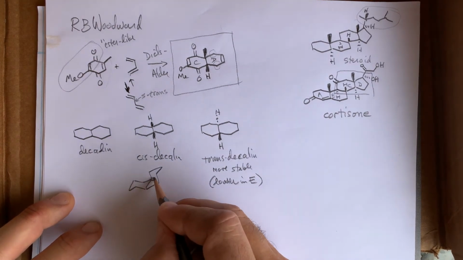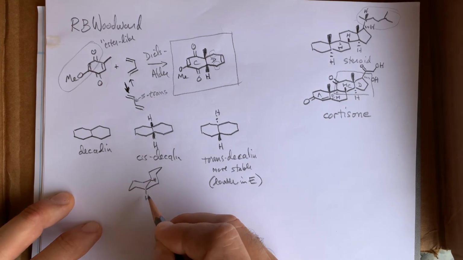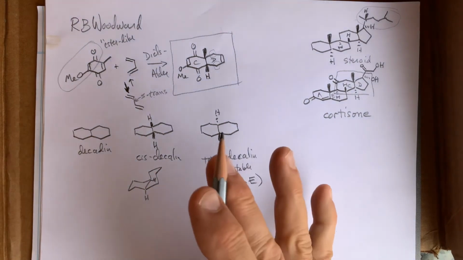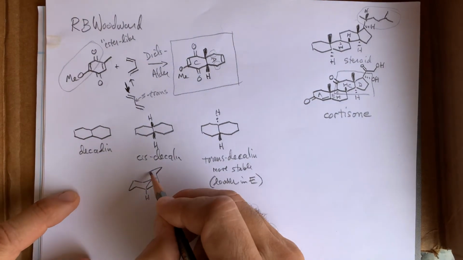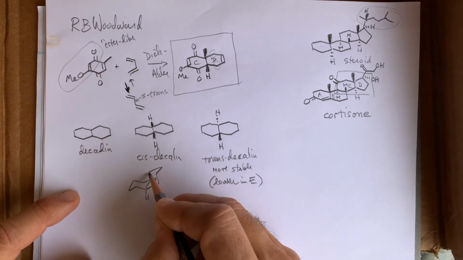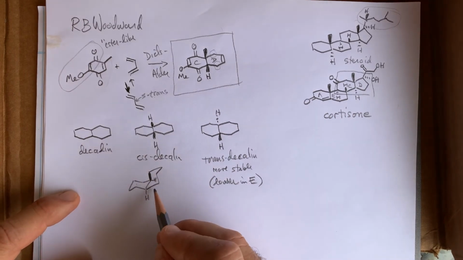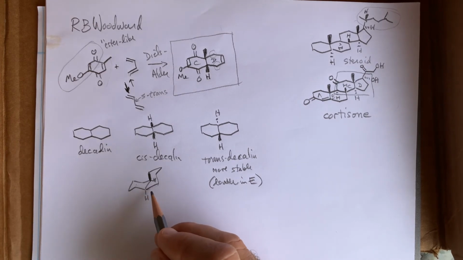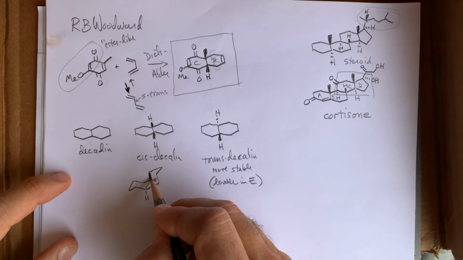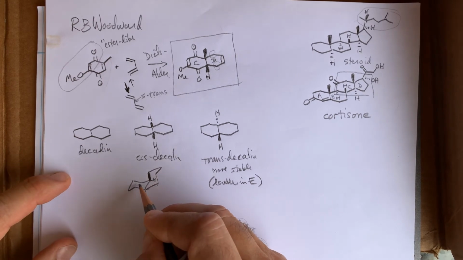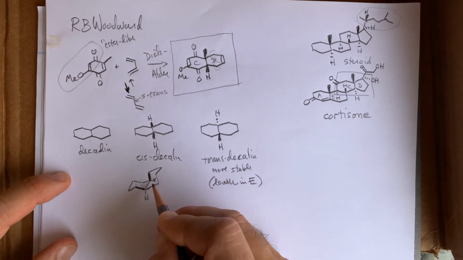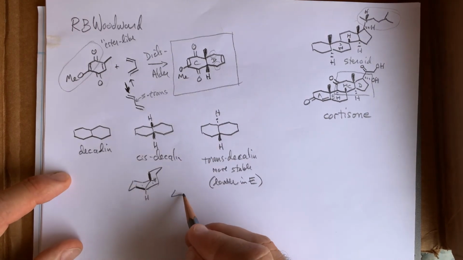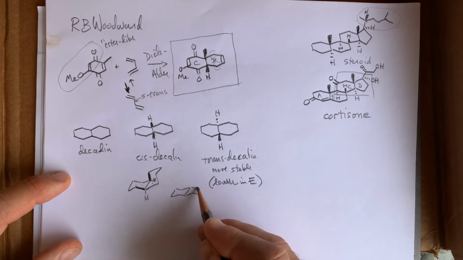A cis decalin, which I've just drawn with the wrong stereochemistry here because these hydrogens are down the way I look at it, has an axial carbon here on this ring, whereas this one is equatorial. Sorry, axial here on this ring, and this is axial on the other ring. And if you have the trans, everything's equatorial.